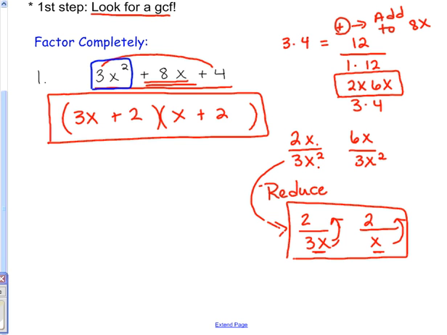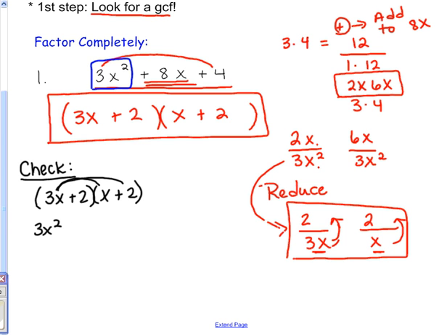So this would be the two polynomials that I could multiply back together that would equal the original problem that I started with. Now we can check all of these by using the full method. You're not required to check, but this is a good way for you to know whether or not your answer is correct. So if I take those two binomials and I multiply, 3x times x is 3x squared. 3x times 2 would be 6x. 2 times x is 2x.